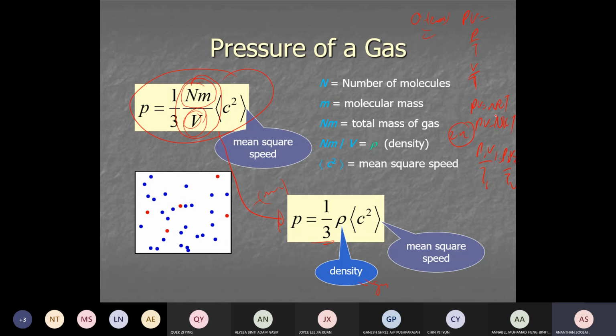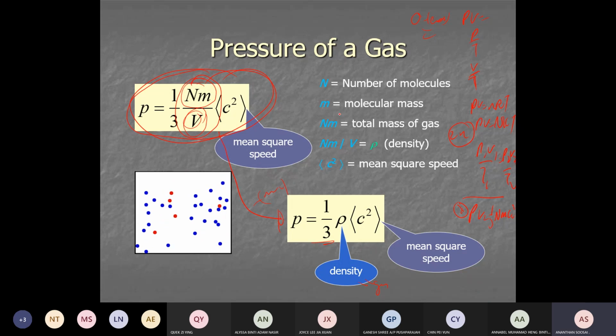This is what you learn in A levels now. But on top of that, from kinetic theory, we found this new addition in this list. If I bring the volume to the other side, PV equals 1/3 Nmc squared. Purely theoretical.